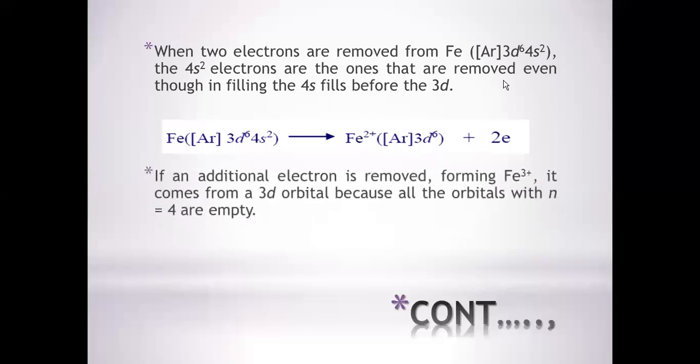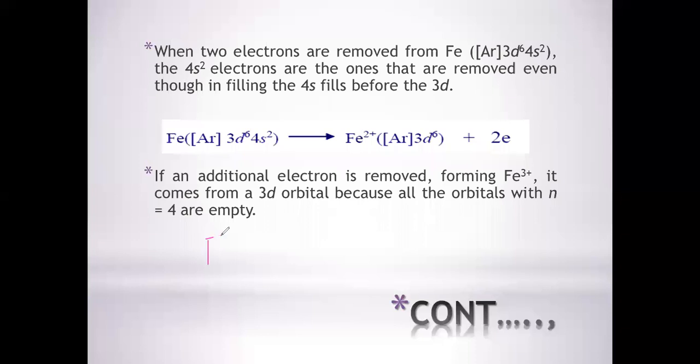Right, it's an additional electron. So when you want Fe to become Fe2+, you have removed the 4s2 directly, becoming 3d6. Now if additionally another electron has to be removed from your Fe2+, you should be clear whether it is Fe2+ or Fe3+.